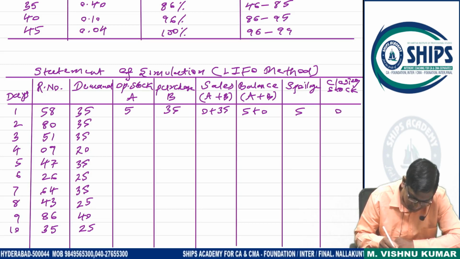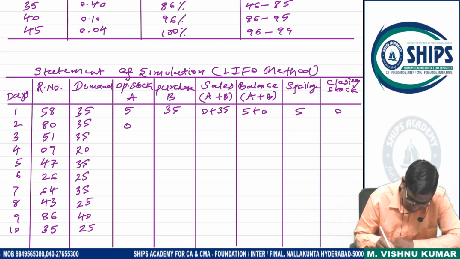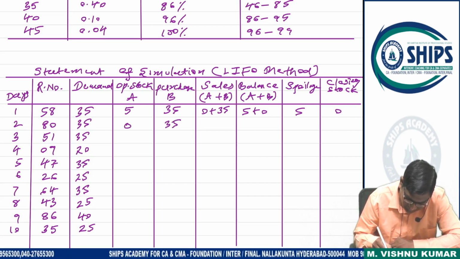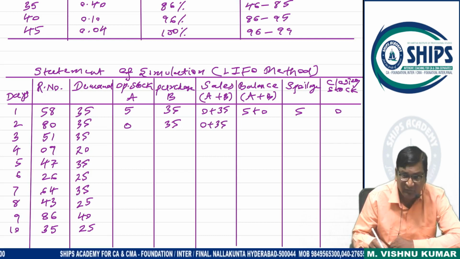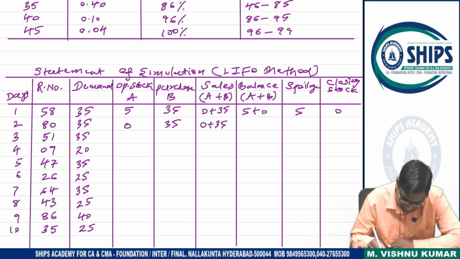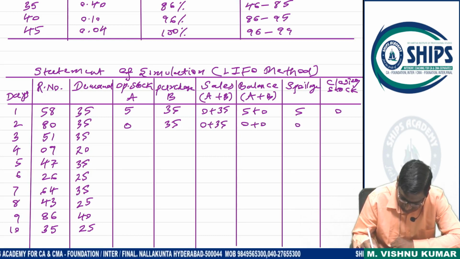Next, 0 opening stock. Demand 35, so purchases 35. So sales how much? 35 only. Any balance available? So this is also 0, this is also 0. Here 0, this is 0.